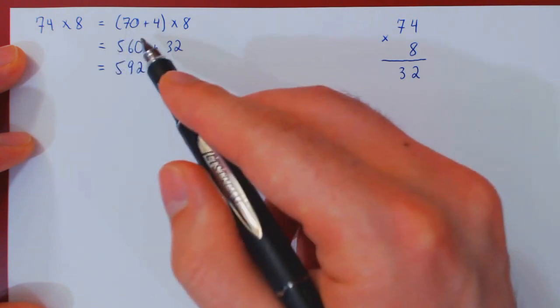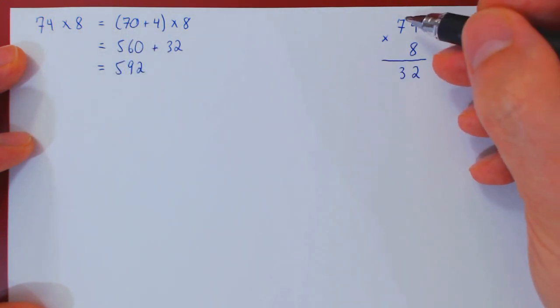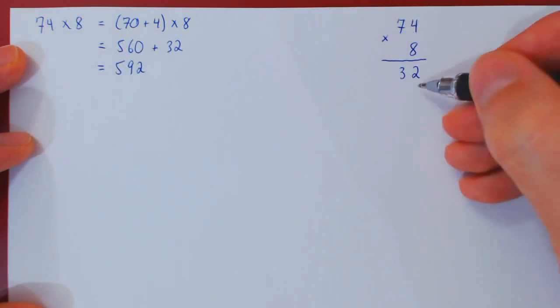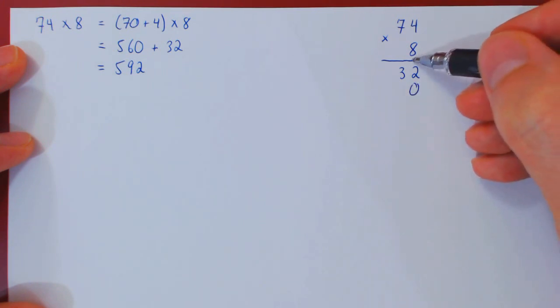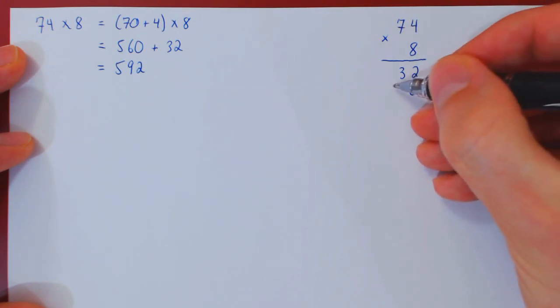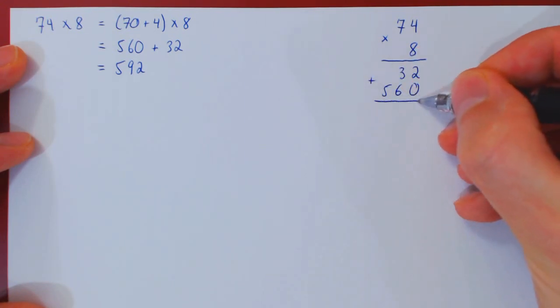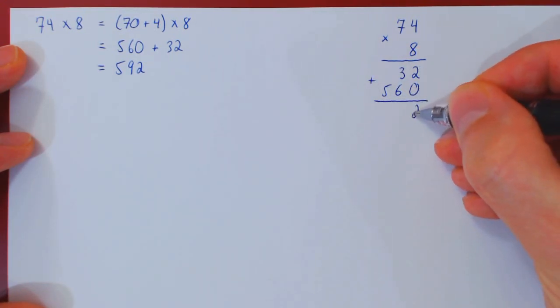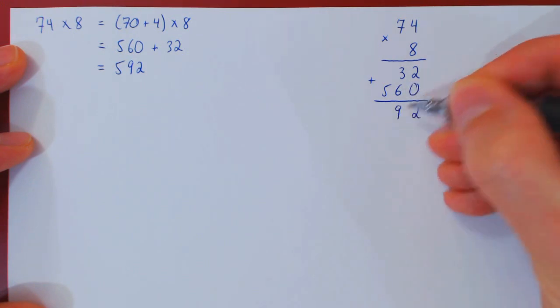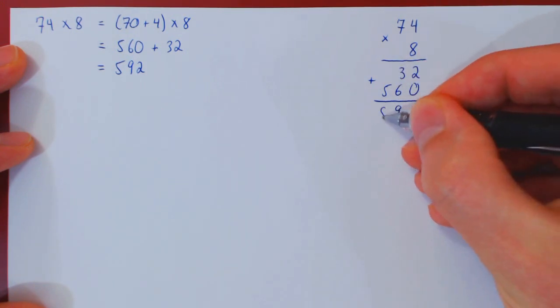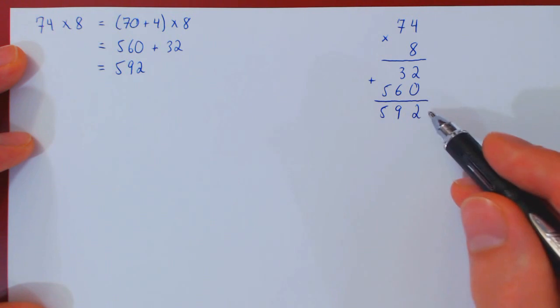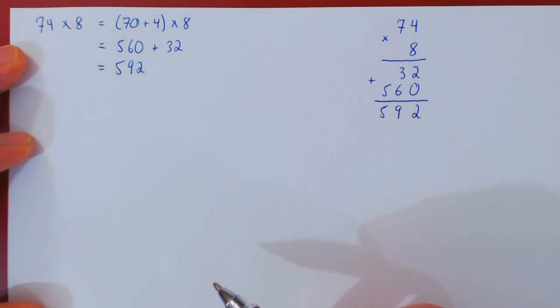Plus the other part, but this is now 8 times the 70, so we add in a 0 here, and 8 times 7 is 56. And we add the two pieces, and we get 2 plus 0, 2, 3 plus 6, 9, and nothing plus 5, 5. So we get 592, as before.